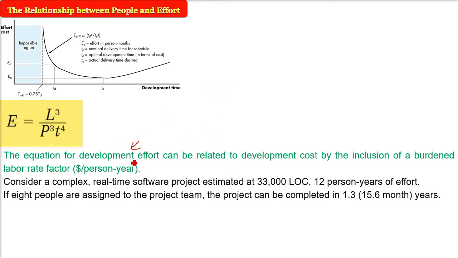So let me just write it and put in these values. I just want to show what is going on here. Effort is 12, and 33,000 is L, and we have to cube it, and P is 12,000 you are going to take here, and T to the power 4.